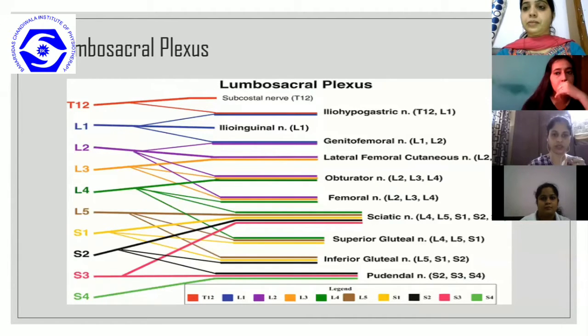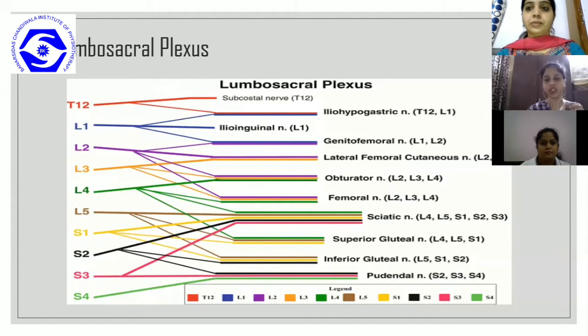Lumbosacral plexus. The other thing I want to say is, when there are 4 types of plexus, lumbar and sacral, why are we dealing with the lumbosacral plexus? Because the main thing when we are talking about nerve tension testing is the sciatic nerve and femoral nerve.